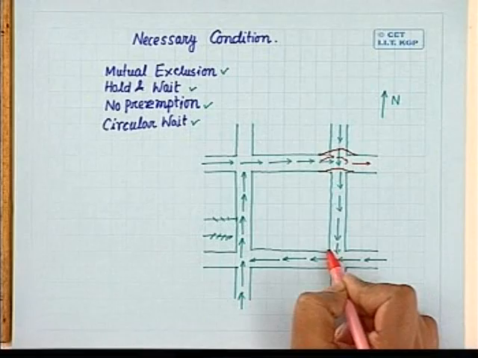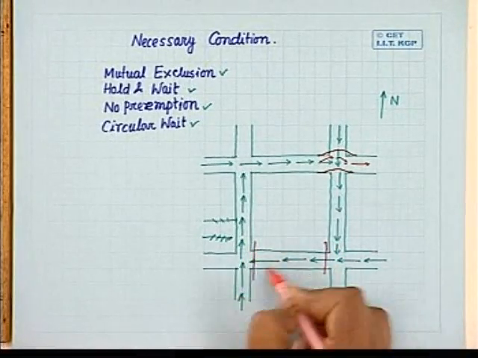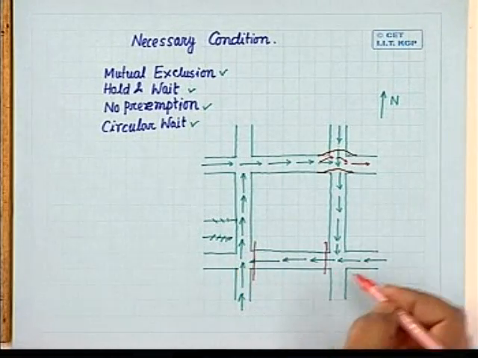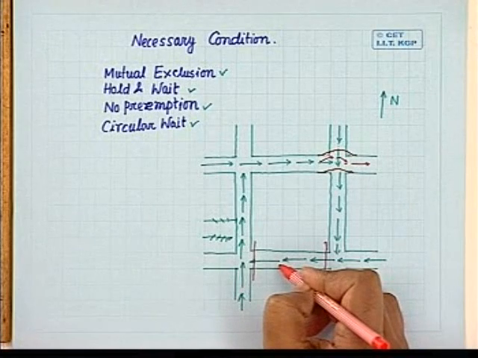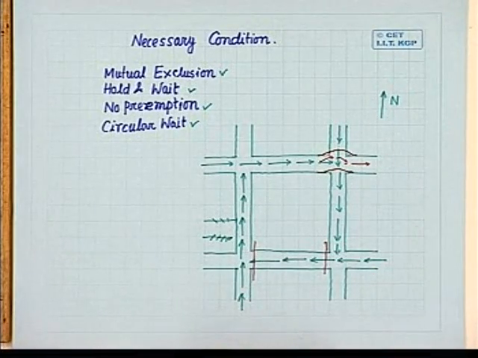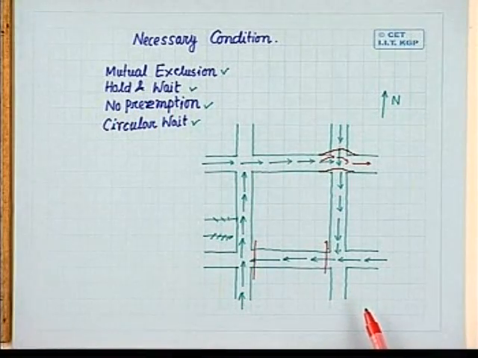That means before entering this part of the road, it will check whether this junction is free or not. If this junction is free, then only the car can enter this road. And if I impose that condition, in that case, this hold and wait will be broken, and I will never have a deadlock.